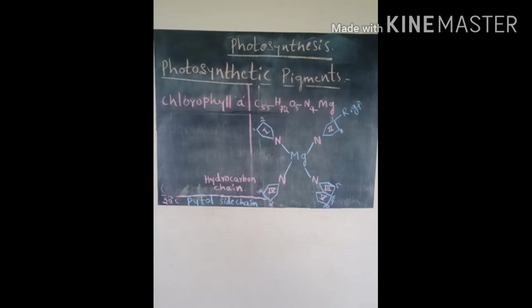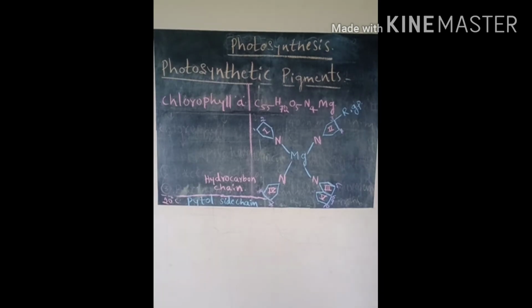Usually it includes 20 carbon atoms. So this is the phytol side chain with 20 carbon atoms. The tail part of the chlorophyll molecule is attached with the 7th carbon atom.